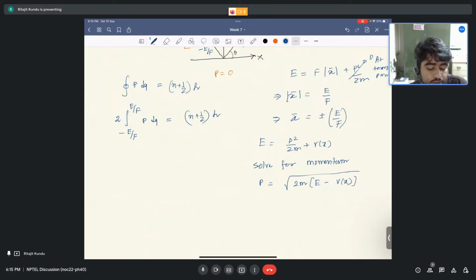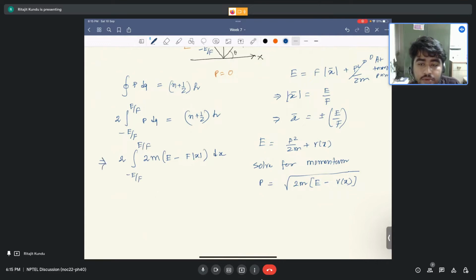Okay, so it will have plus and minus value, but let's stick with the plus value. Now we can plug that thing here in place of p, so it becomes 2m e minus f and mod of x. Now let me write in place of dq dx. Okay, so I am just changing the dummy variable from q to x, which is totally legal, minus e by f to e by f.